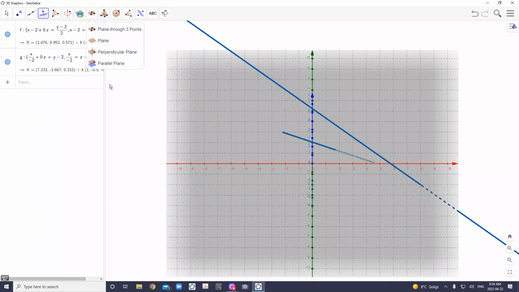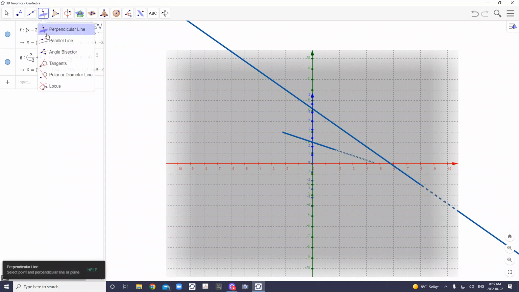Or maybe, for example, I don't know why Geogebra doesn't have the plane including 2 intersecting lines. Maybe you can also construct that from a combination of these features. Okay, so the tools that you have in your hand are these tools, and then probably these tools, which are relevant.